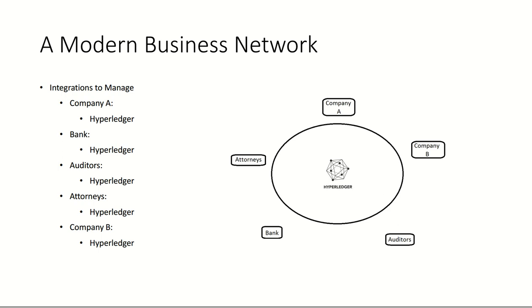Part of the business proposition or value proposition behind enterprise blockchain is removing this complexity. And if we can get all of these participants in a business ecosystem or on a business network to integrate to a common blockchain platform, then we can reduce the impact of this problem. And now as the CTO at Company A, the only thing I have to worry about is managing the integrations of my internal systems back to that common platform.